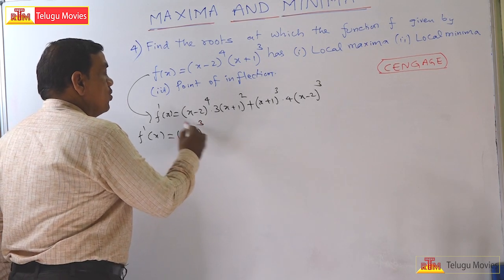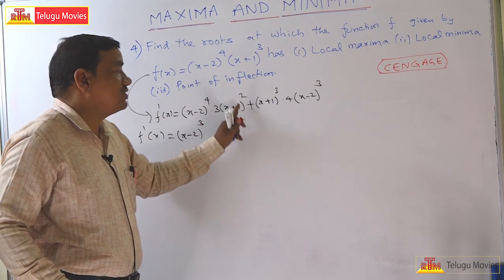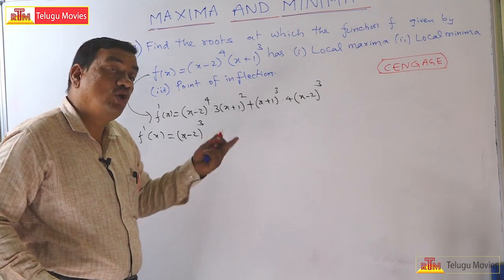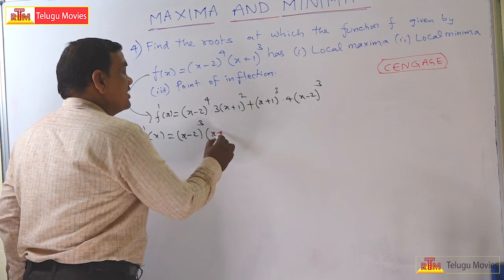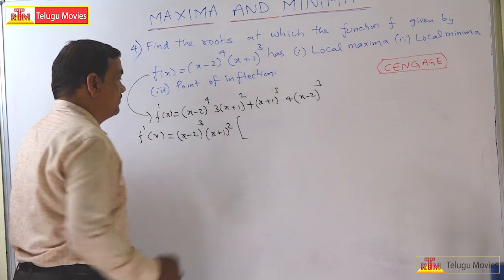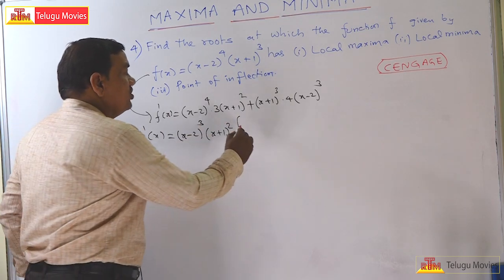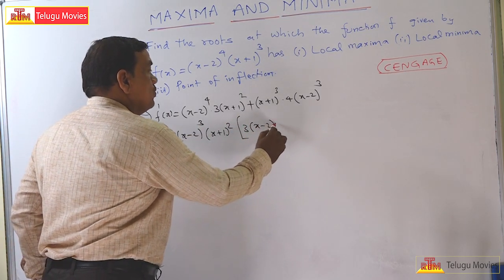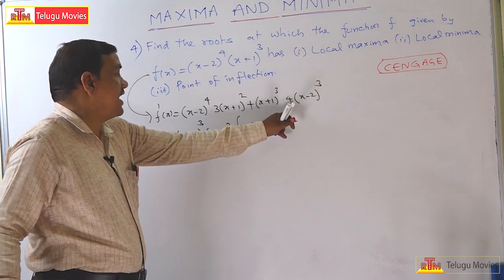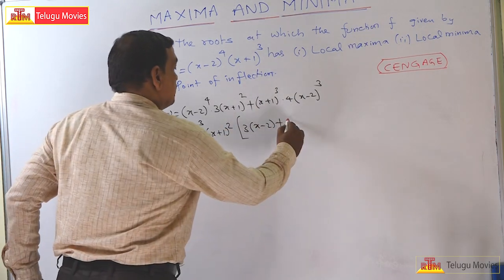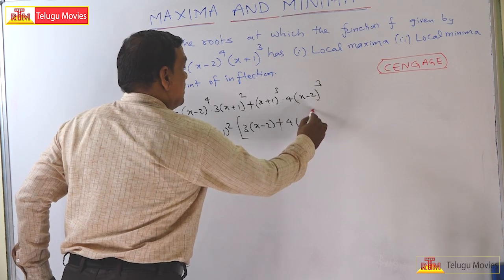So I can take x minus 2 whole cube. Here x plus 1 whole square is there, here x plus 1 whole cube is there. So can I take x plus 1 whole square? Yes. So here what remains? 3 times x minus 2 plus here 4 times x plus 1. 4 times x plus 1 remains.